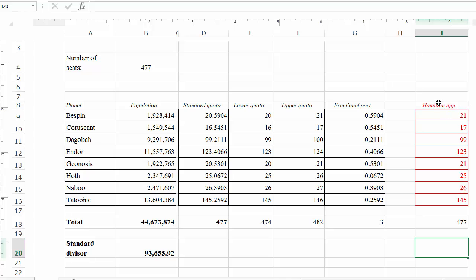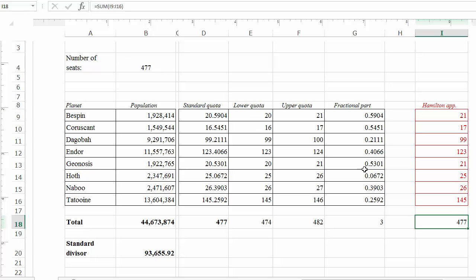Now if you look at this red column here called Hamilton apportionment, you can see that we have the 477 seats. We gave everybody their lower quota, which gave us only 474 seats being given out with 3 extra seats.